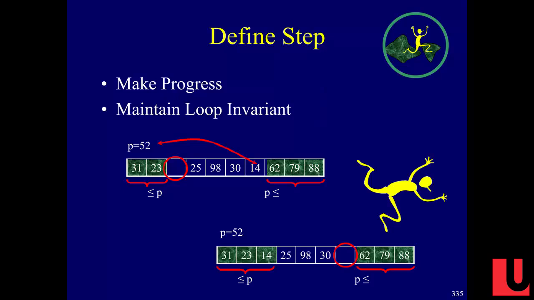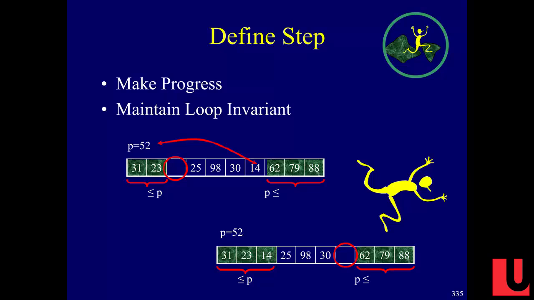Everybody follow that? You're seeing here, we compare it to the 14. 14 smaller, we put it in the hole. That's nice. The 14 is where it belongs. We got a hole where we accept that there's a hole over there. See how in one comparison, one movement, we've maintained the loop invariant?